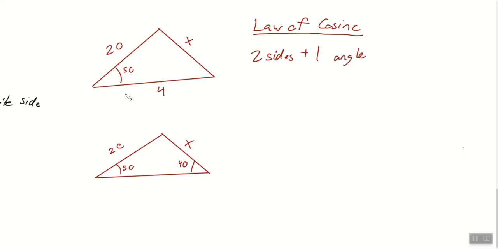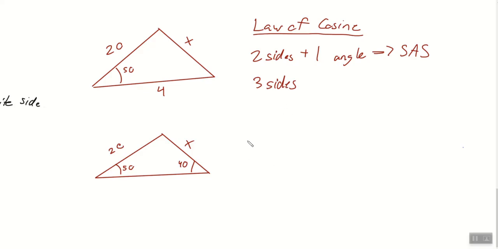We have side, angle, side. If I also gave you a triangle with 3 sides, which was this problem, and you're trying to solve for an angle, you should also be doing law of cosine.